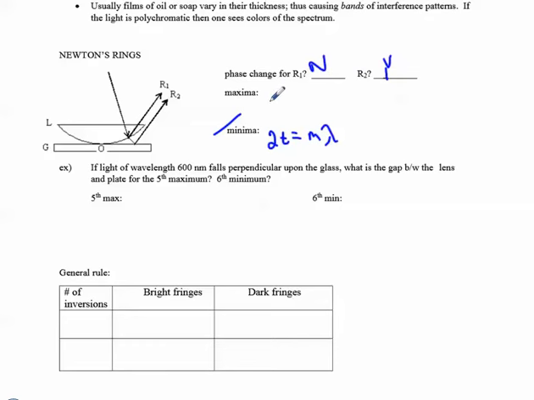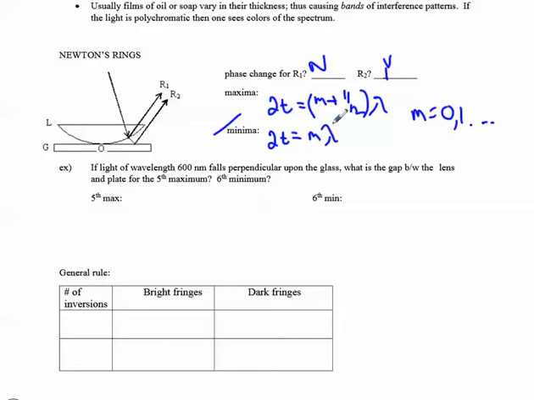So it would make sense then that the maxima would occur when 2t equals (m plus 1/2) lambda, just the opposite. And again, m is going to start off with 0, then 1, and so on and so forth. So if we look at right here where there is no gap, that's going to be an area of minimum.